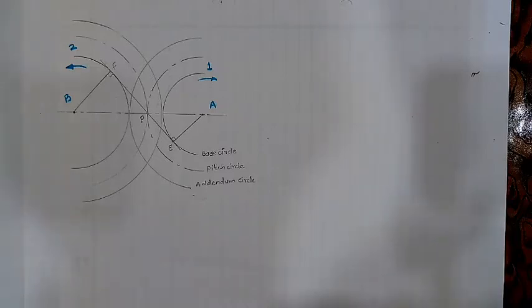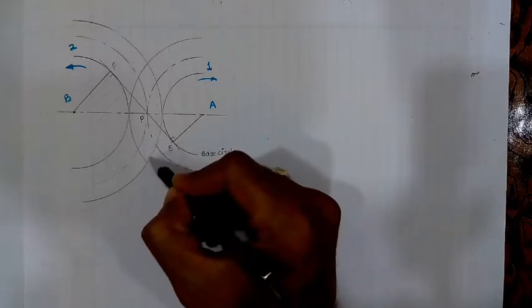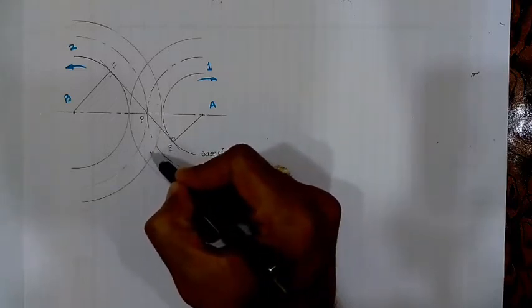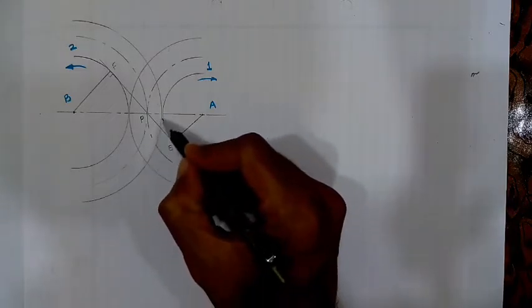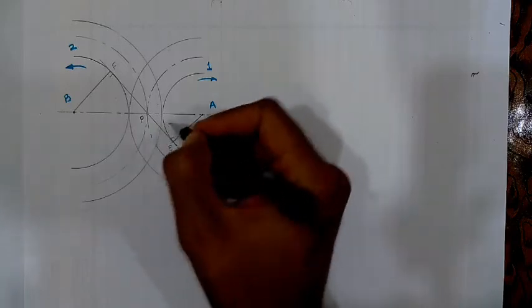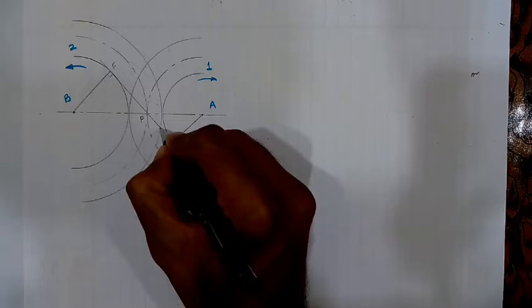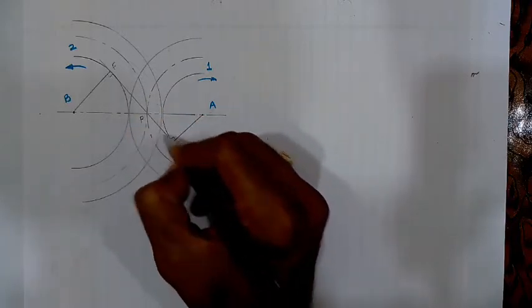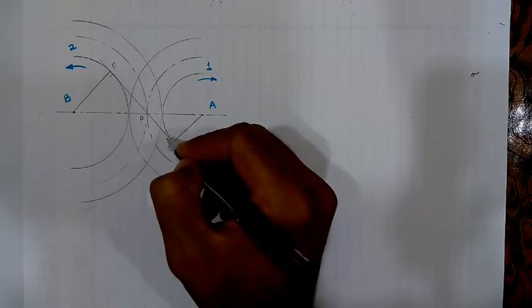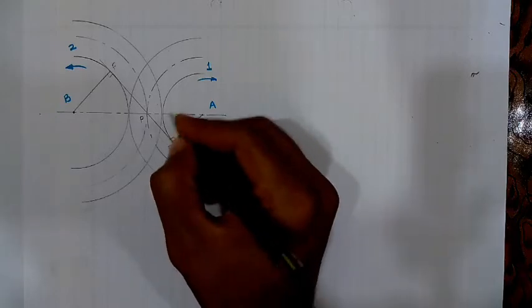So remember this, the contact between two tooth profiles will start, or the contact of two teeth is made, where the addendum circle of the wheel or gear, the bigger one, cuts the line of action. So EF is the line of action.